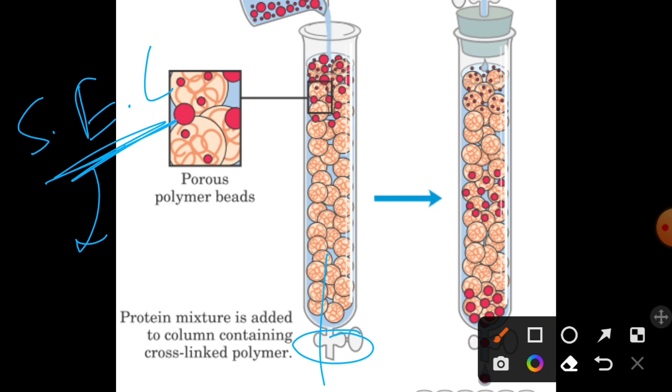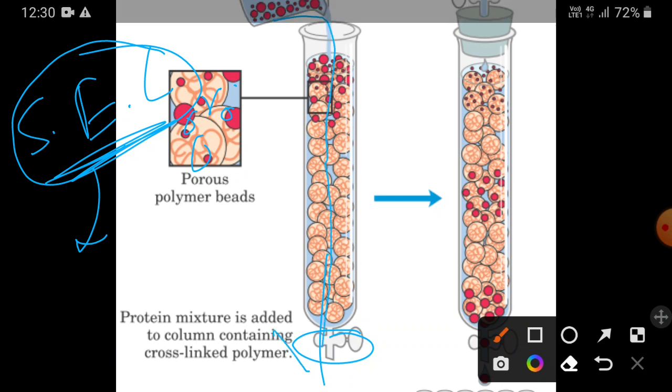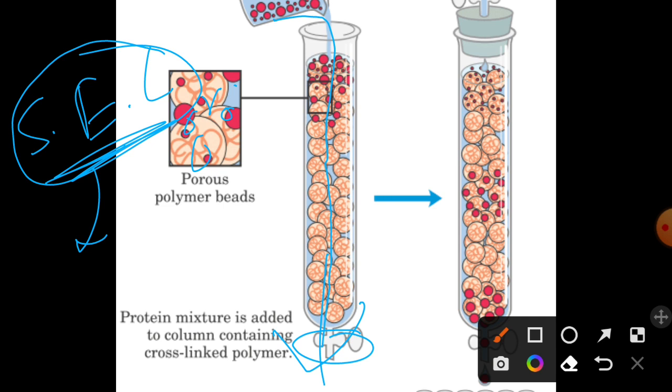So you can use size exclusion chromatography, because it will entrap smaller particles inside the porous polymer beads for you, and the remaining liquid will percolate through the solid phase and they will be separated, right?